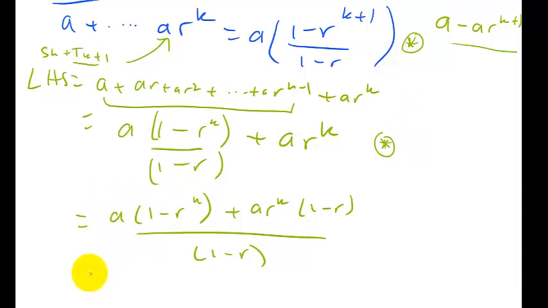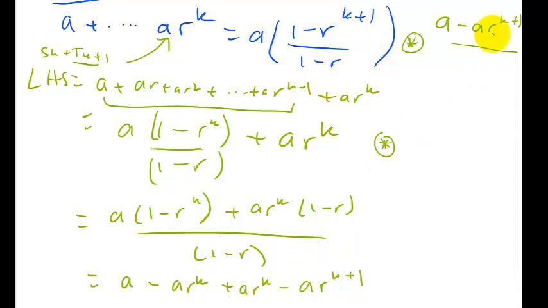All right, here we go. a minus ar^k plus ar^k minus, and then you see r and r, that's going to become plus 1, isn't it? Minus ar^(k+1), because this is r to the power of k times r, so you're going to get r^(k+1).